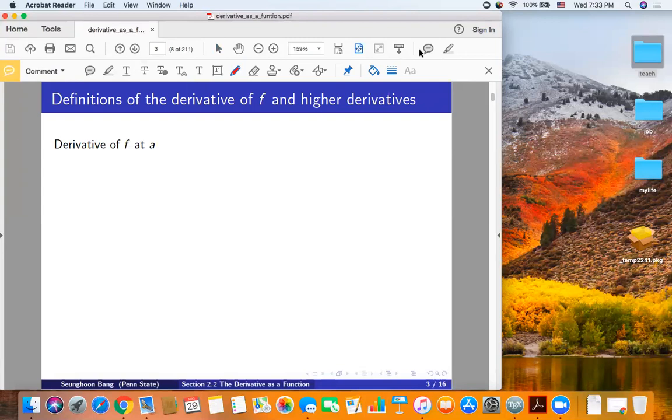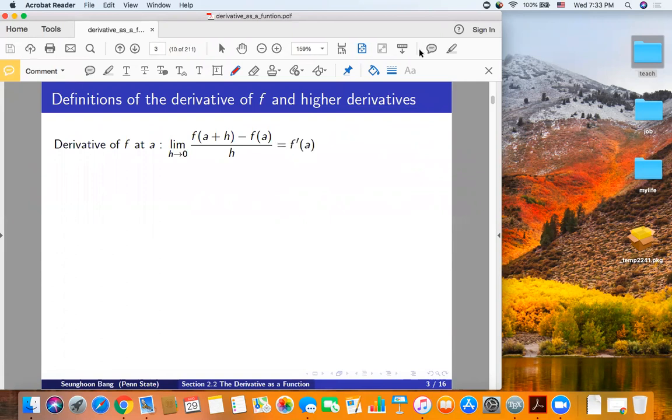So we just remind ourselves of section 2.1, the derivative of f at a. This is the same as the limit of f of a plus h minus f of a over h as h approaches 0.